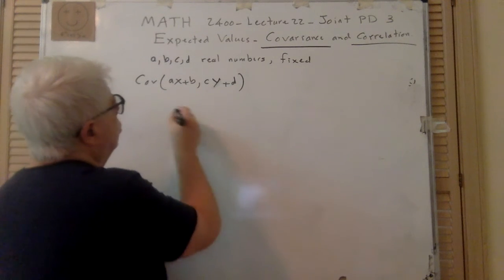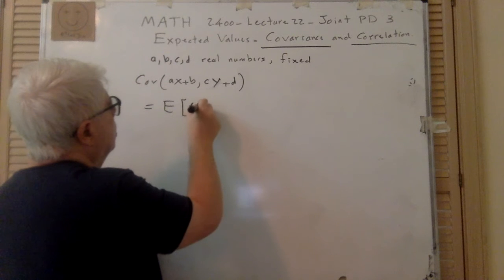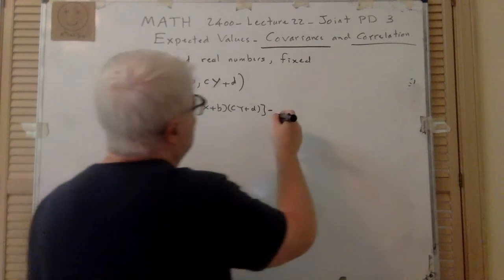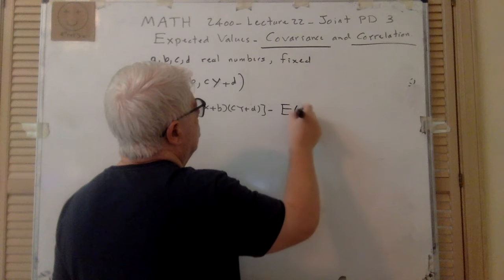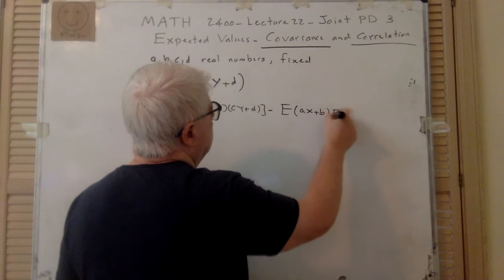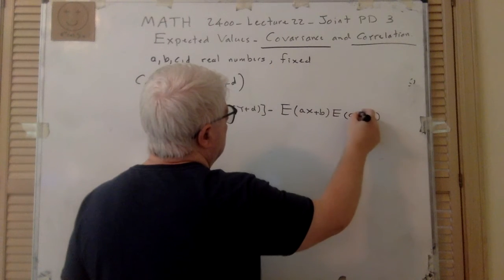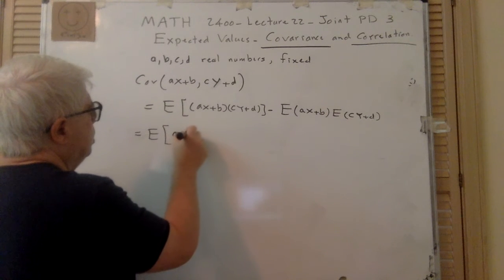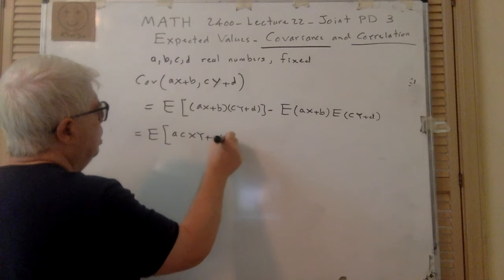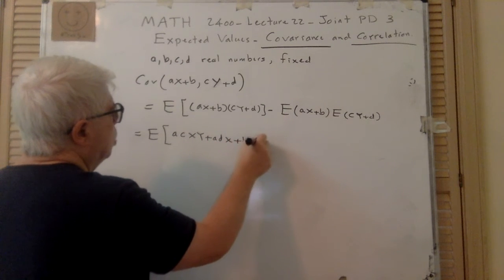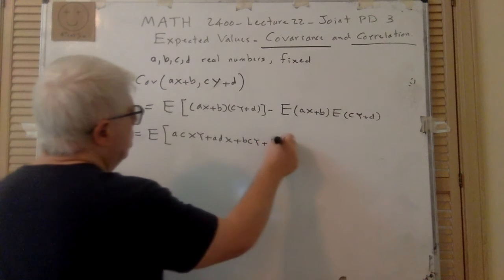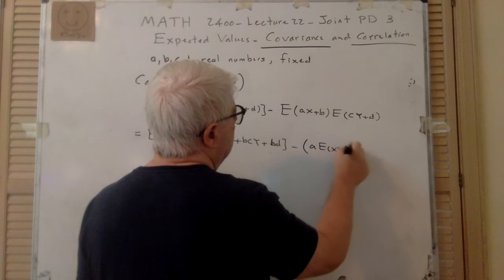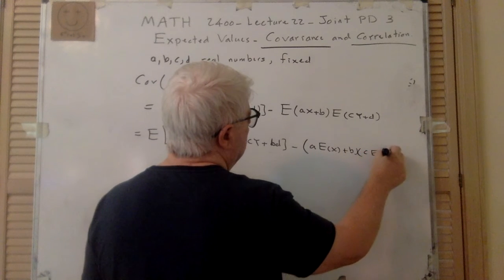Okay, so what was the formula? The formula was the expected value of this thing times cY plus d, minus the expected value of each one times the other: expected value of aX plus b, expected value of cY plus d. So what do I have here? I have acXY plus adX plus bcY plus bd, minus this, which will be simply (a E[X] plus b) times (c E[Y] plus d).